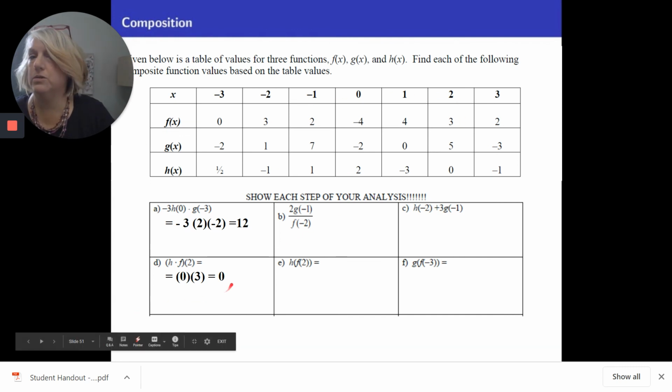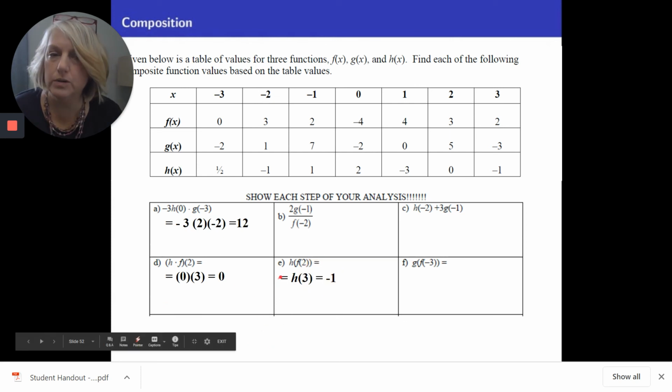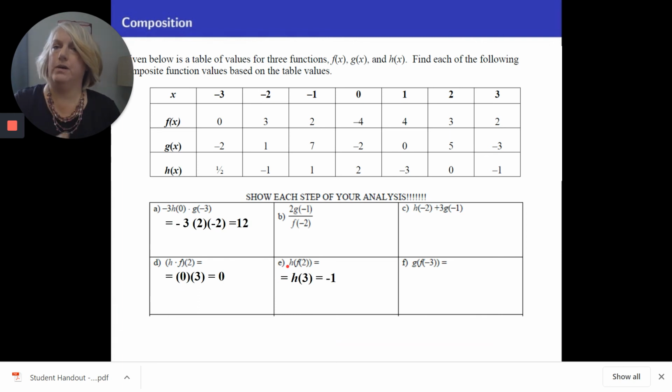So 0 times 3 is 0 for that one. Now that's different than if I was doing composition. Here I'm doing h of f of 2. So I first calculate f of 2. f of 2 is 3. So that's now become h of 3, and h of 3, here's h, here's 3, h of 3 is -1.